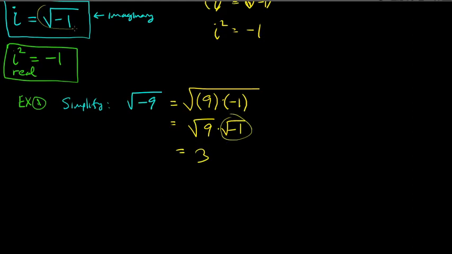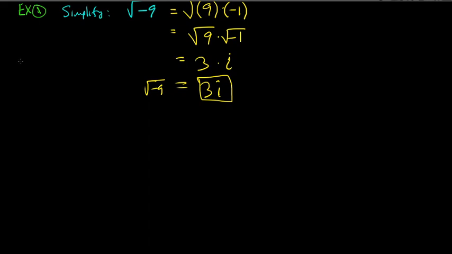That's i. So I'm just going to change the square root of -1 to the letter i. And so this is really just 3 times i. So the square root of -9 is really just 3i. Makes sense? Let's try another one.